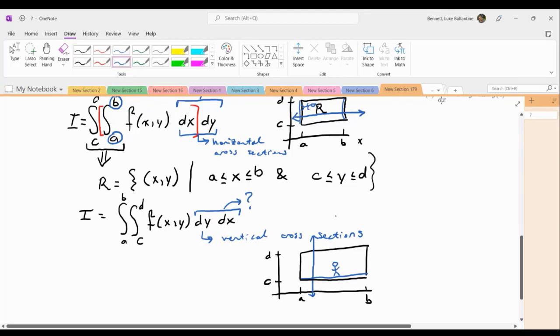Now the function that is his floor is y as a function of x. So it's y equals something, and it's y equals c. So it's still the floor over here. And then his roof, well, that's just d.